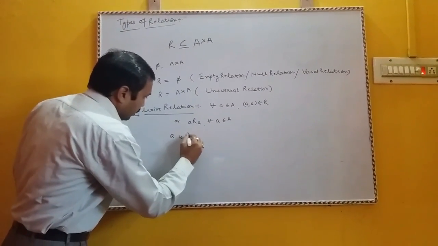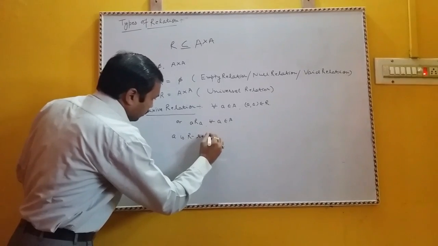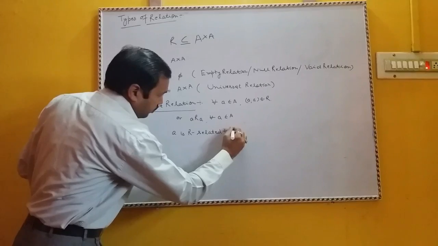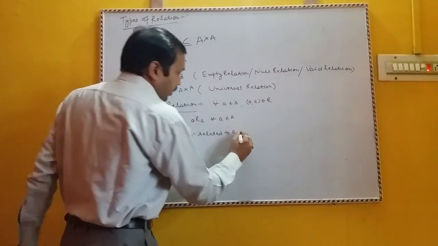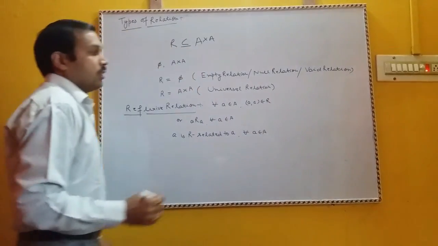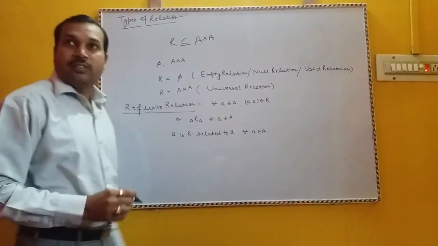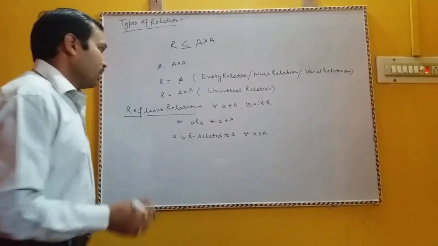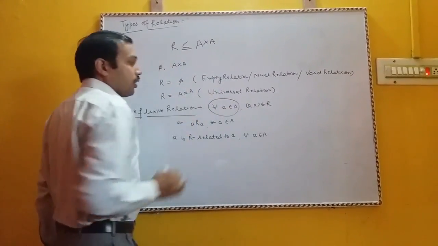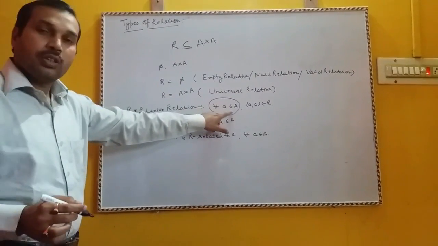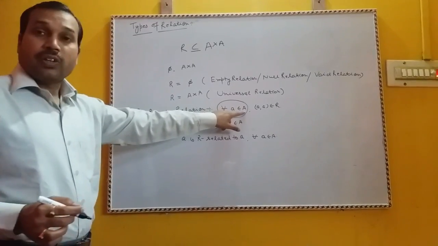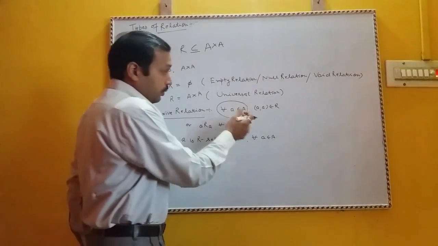Here the important part is this: for every A belongs to A. For every means every element of A. What it has?